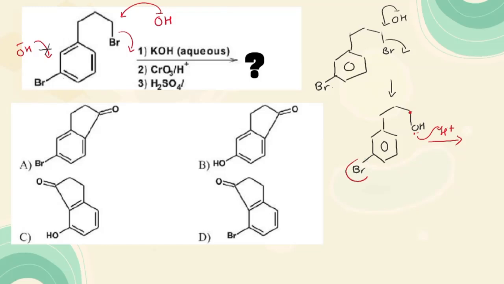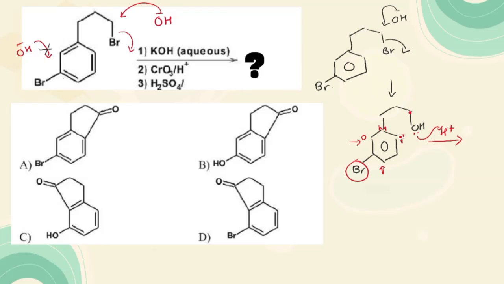Bromine is an ortho-para directing group. So this is ortho, this is meta, and this is para. So will this attack the ortho position or the para position? See, bromine is a bulky atom. So therefore there is a steric hindrance at the ortho position, so it prefers to go to the para position.